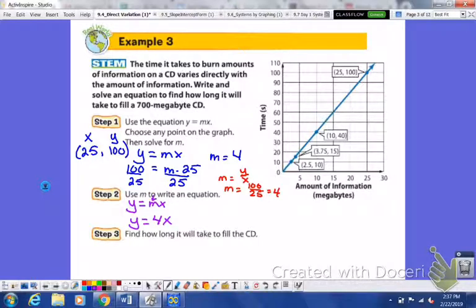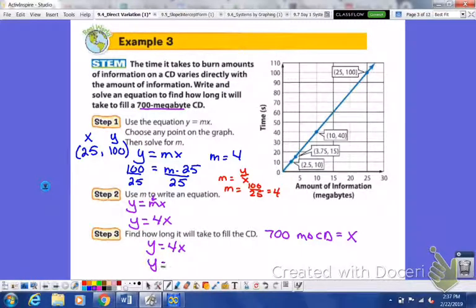If we go back to the top, we want a 700 megabyte CD. We have our equation, y equals 4x. And I have to decide, is that 700 megabytes representing my x or my y? Well, if I go back to my graph, I see on my x-axis, we have megabytes, y-axis is time, so my megabytes would be my x value.